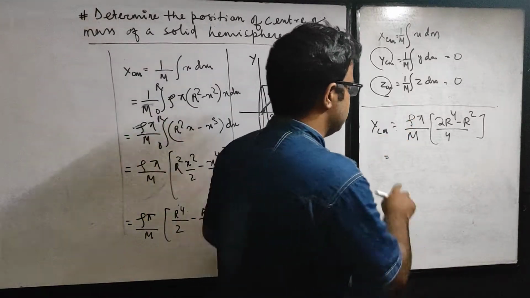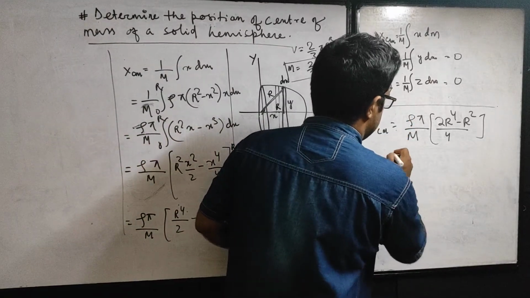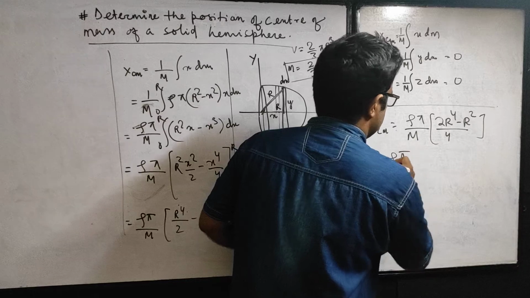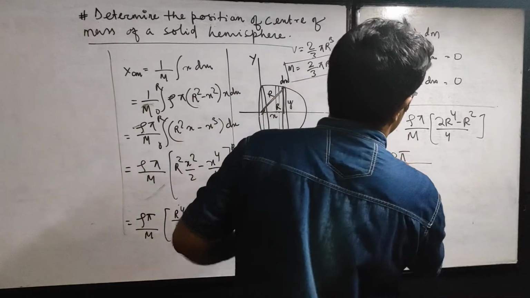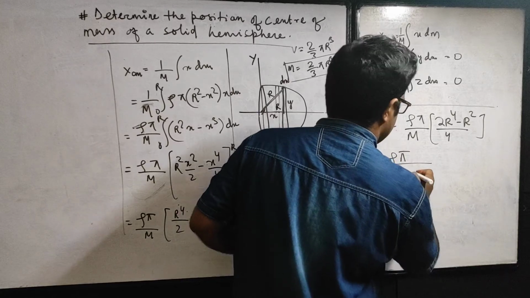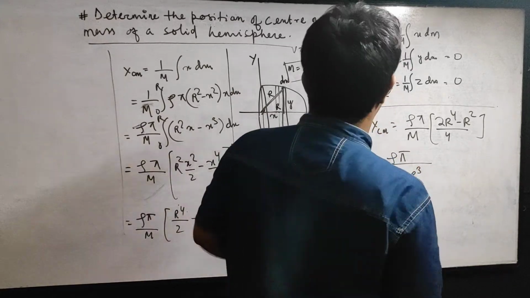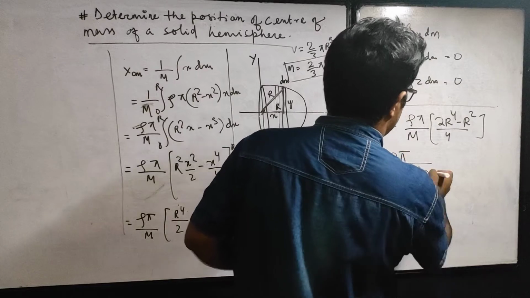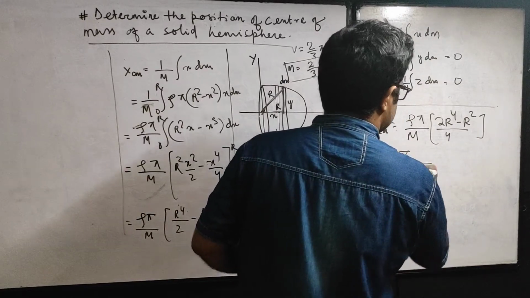So I can replace this mass with 2 by 3 pi r cube rho. Rho cancelled, pi cancelled.